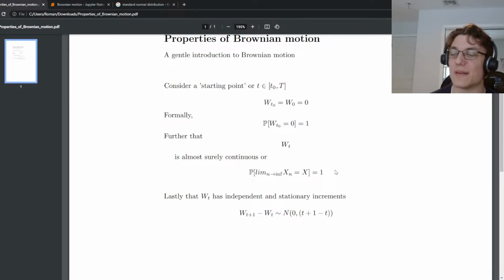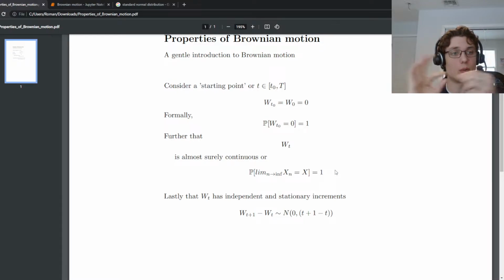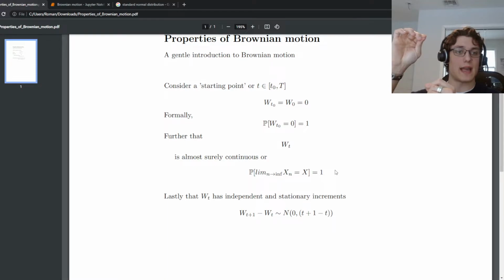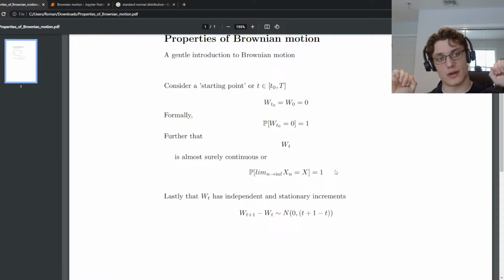But lastly, the Brownian motion has independent and stationary increments. Now, this is a very important property. What are we saying when we say that the Brownian motion has independent and stationary increments? Well, we're saying that the Brownian motion today, so we're at time zero, we have time on the x-axis, time zero, Brownian motion today, and the Brownian motion tomorrow are going to be completely independent of one another.